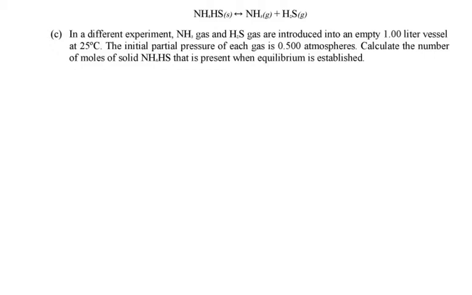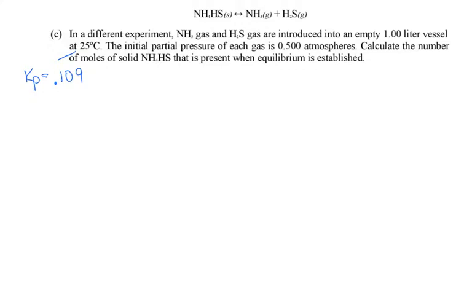Okay, so then in this part of the problem, it tells us we have a completely different experiment. We have ammonia gas, and we have this dihydrogen sulfide gas again introduced into an empty 1 liter vessel at 25 degrees Celsius. Notice that that's the same temperature that we've been at all along, so we know Kp is still the same value of 0.109.